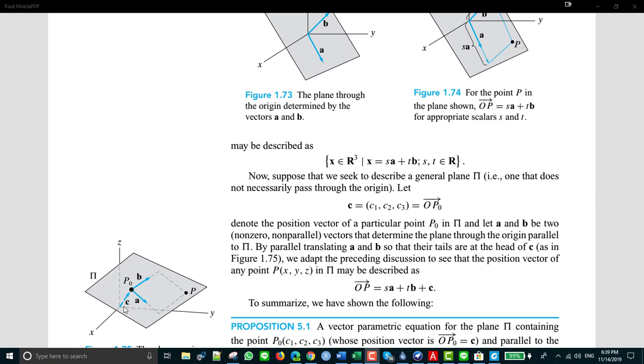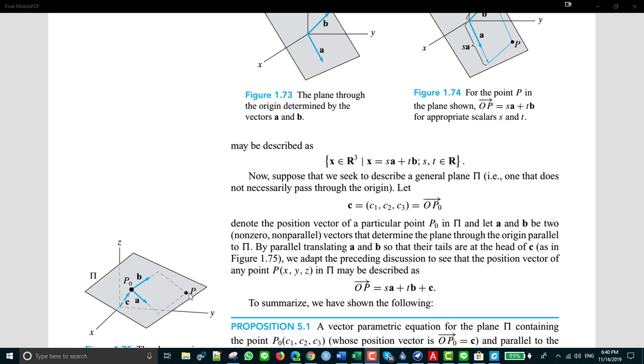So we have a point P0, which is in the plane, and then we have to be given an A and a B, which are not parallel to each other, that are also in the plane. So given this information, we want to write any other point in the plane in terms of this information.